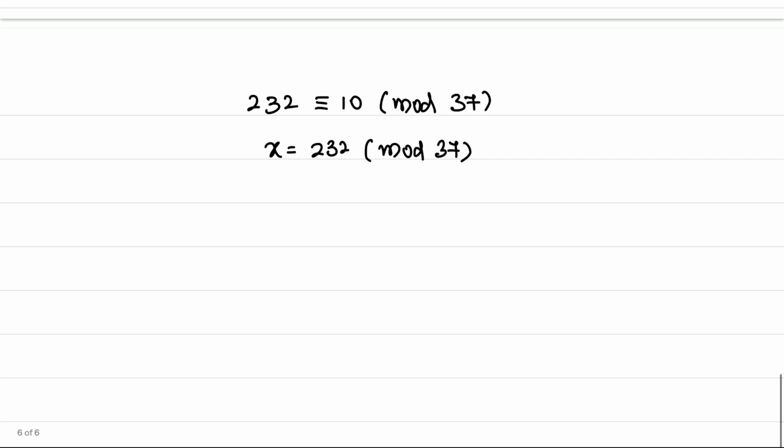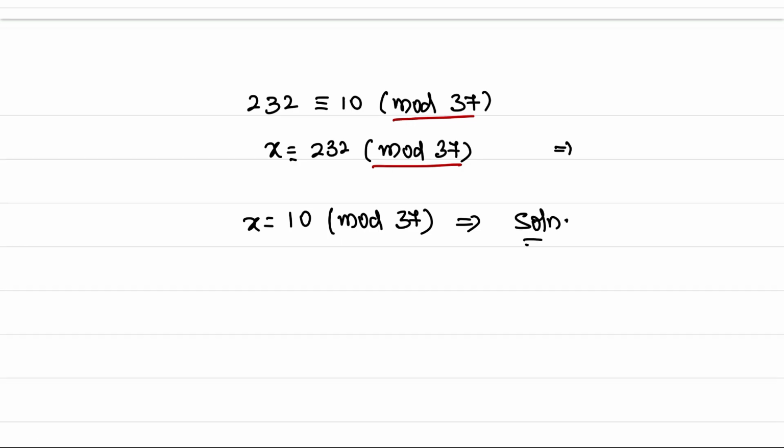Mod 37 is kept the same in both, and 232 will be replaced by 10. That implies x is equivalent to 10 mod 37. It is the solution. Answer.